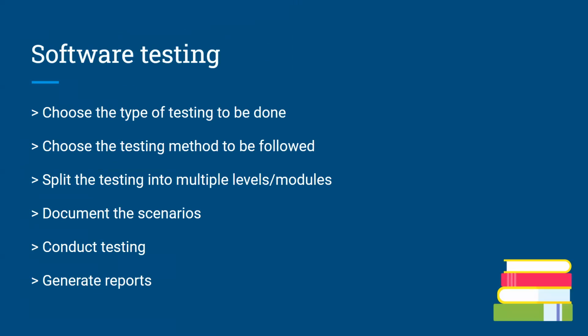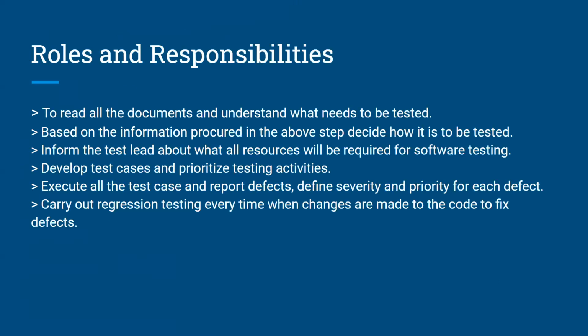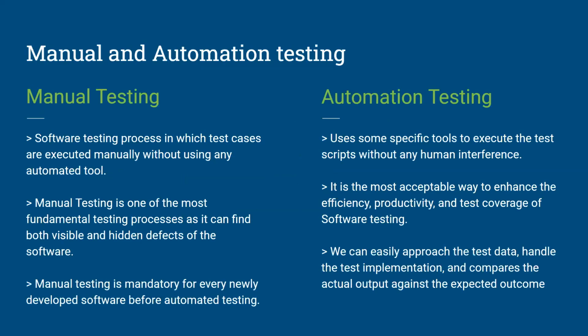And I gave a little introduction about the steps that have to be followed and the roles and responsibilities of the software tester, like how he should document all the scenarios and he should have all the information about the application and he should execute all the test cases and carry out testing accordingly. So this is about the roles and responsibilities.